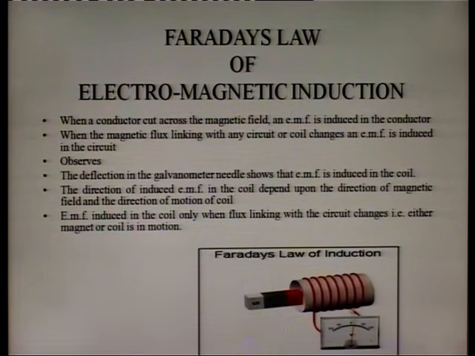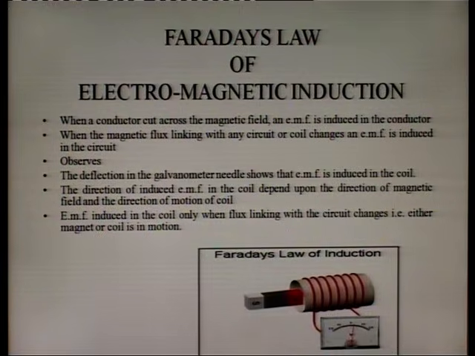If you observe this diagram, when the magnet is moving near and away from this coil, the deflection of the galvanometer is in one direction when it is moving near to the coil, and in another direction when it is moving away from the coil.